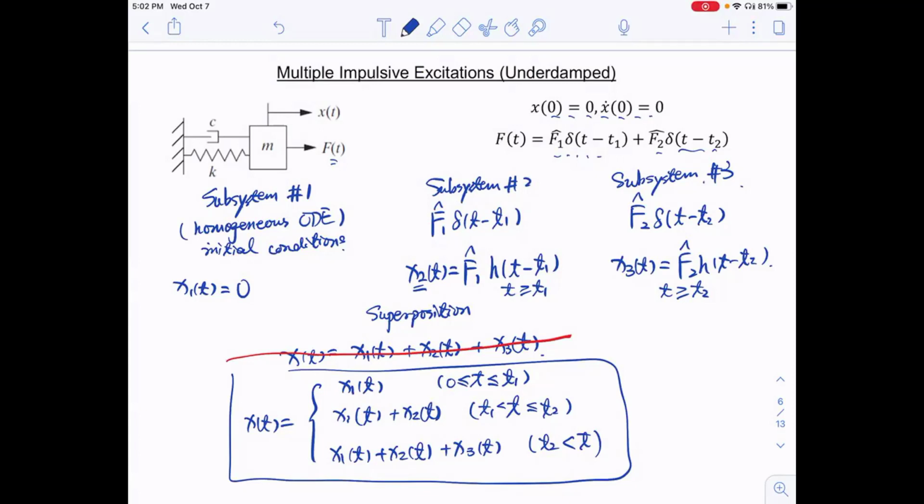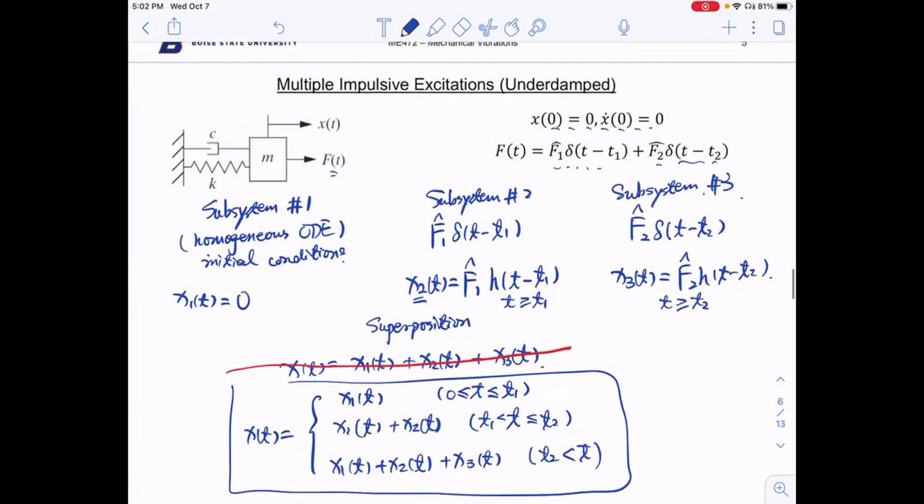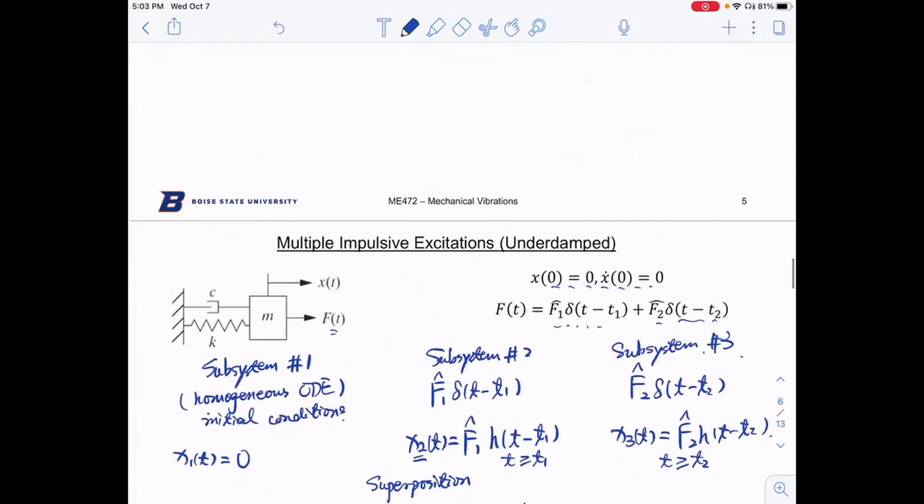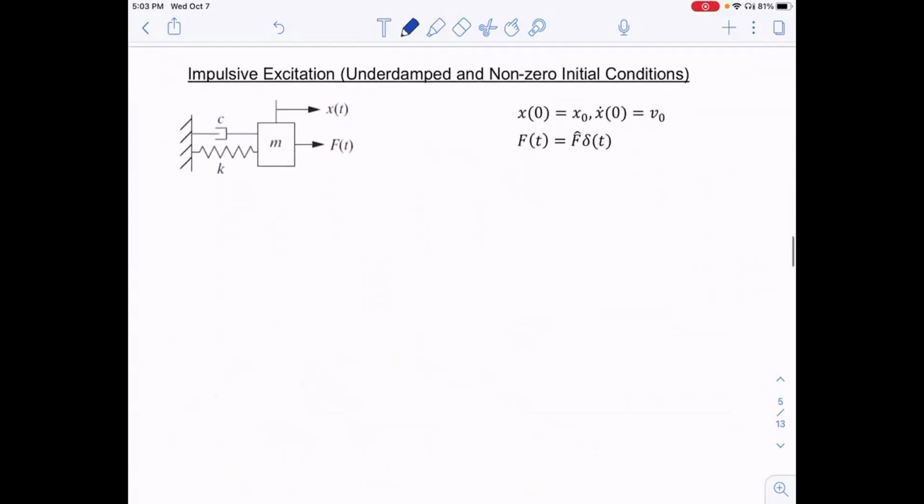So impulse is relatively easy because we're just using the conclusions from initial conditions from free vibrations. So let's look at another example. This will be slightly confusing, especially the initial velocity v0 here.